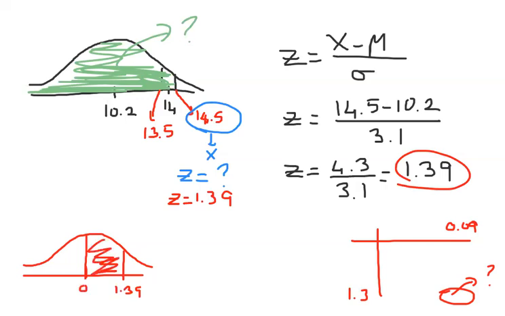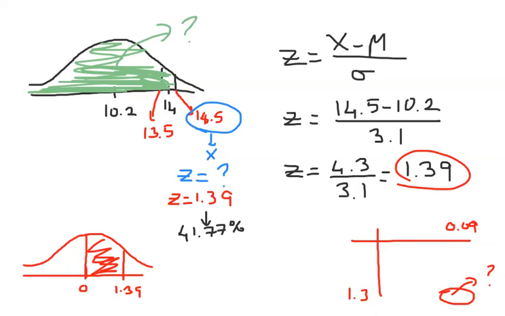Okay, but as you can see, we are interested in this area, 0 to 1.39, plus the whole left side. So when you look at your z-score table, you see that z equal to 1.39 is equal to 41.77%.